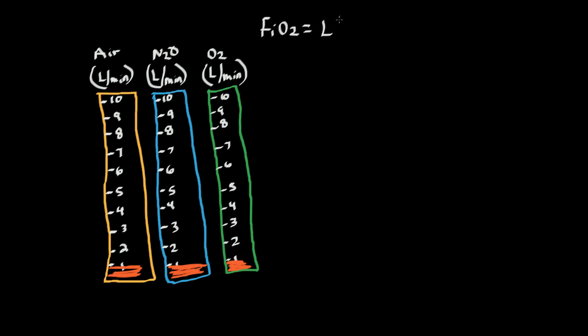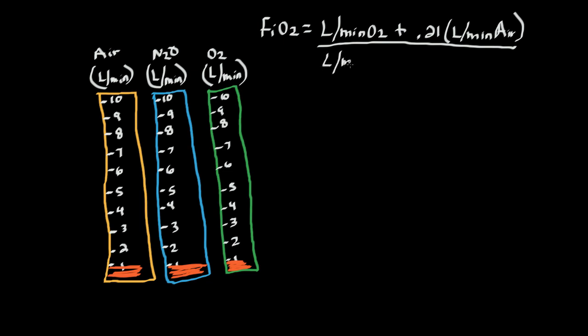FiO2 equals liters per minute of oxygen plus 0.21 times liters per minute of air, all divided by the sum of liters per minute per gas. So liters per minute of oxygen plus liters per minute of nitrous plus liters per minute of air.